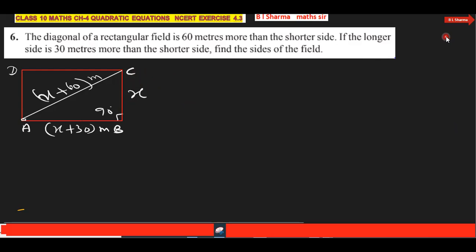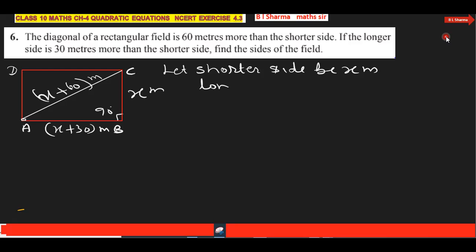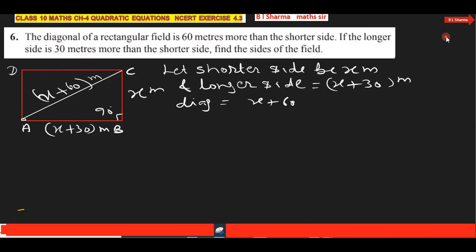So we can write here let shorter side be x meter and longer side is given will be x plus 30 meter and diagonal is given by x plus 60 meter.